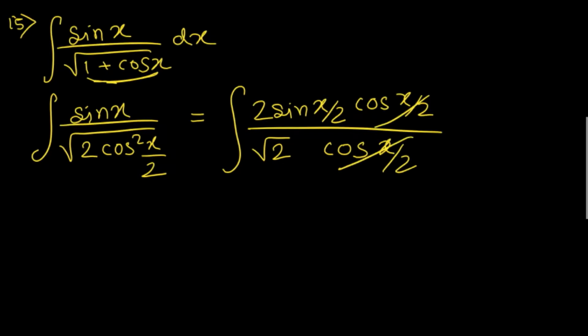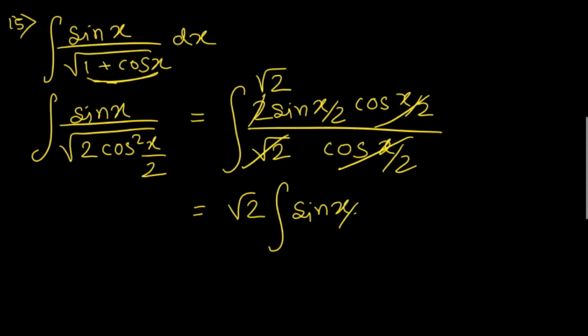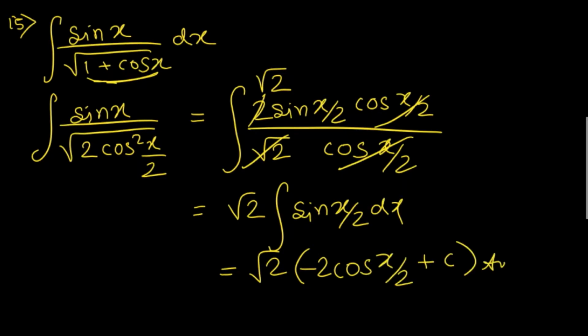We are left with 2 by root 2 on the numerator and denominator, and root 2 remains on the numerator. So root 2 into integration of sin x by 2 dx, which gives root 2 into minus 2 cos x by 2 plus c. This is the answer.